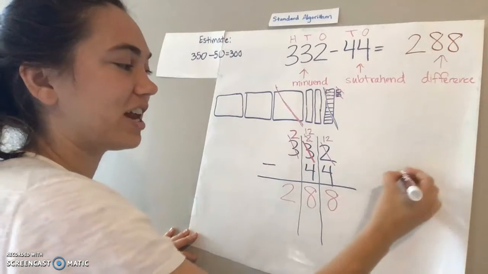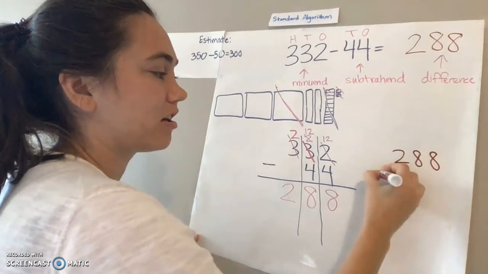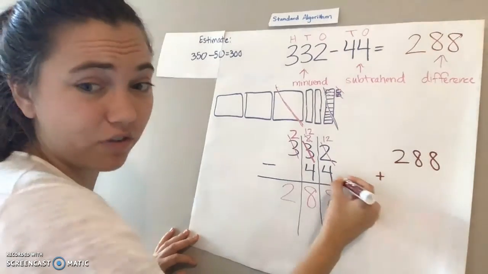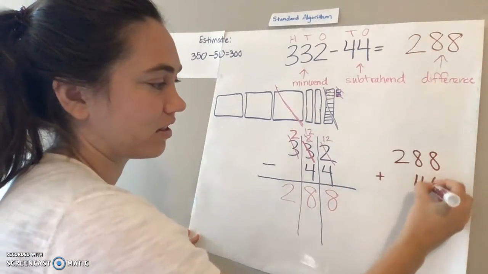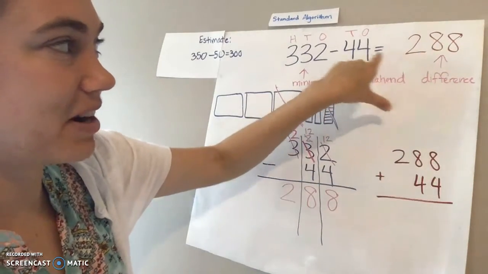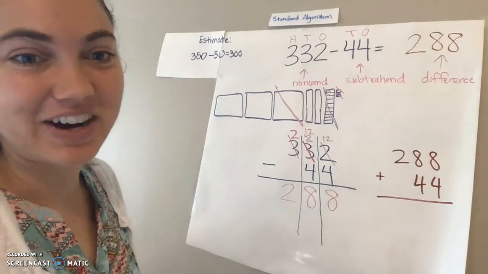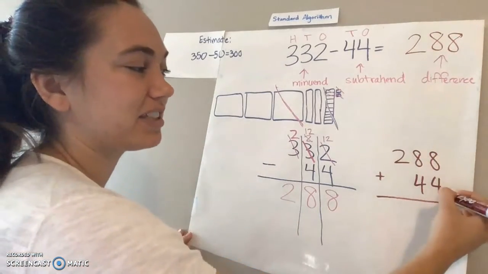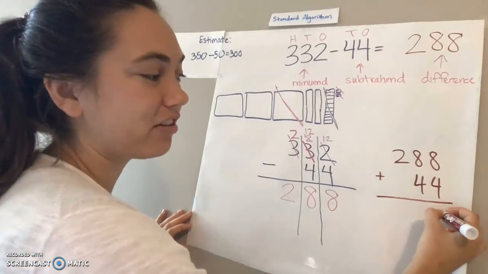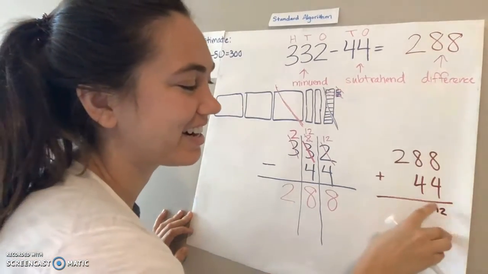So 288, let's try it, plus 44. Okay, let's see if we add these two numbers, will we get our minuend that we started with? 8 plus 4 is 12. Oops, Miss Hammis, remember you can't have two digits there.